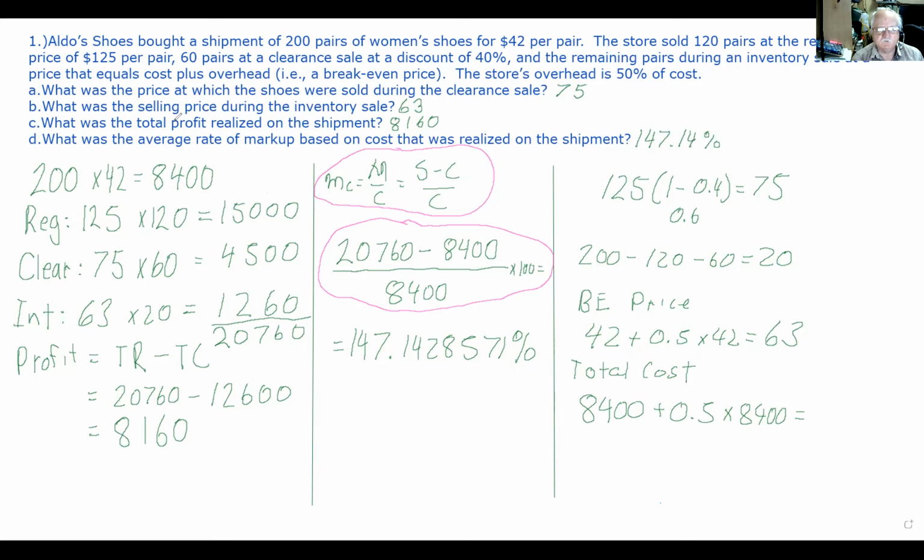The total profit, we have to figure out total revenue. So we added up the revenues. For the total cost, our equation for total cost is equal to cost plus expenses.